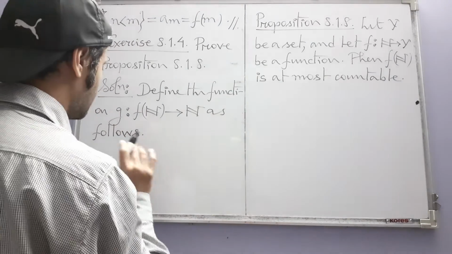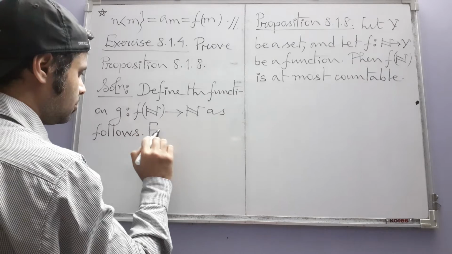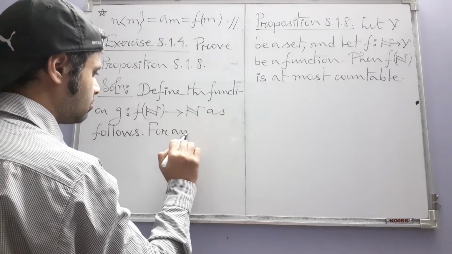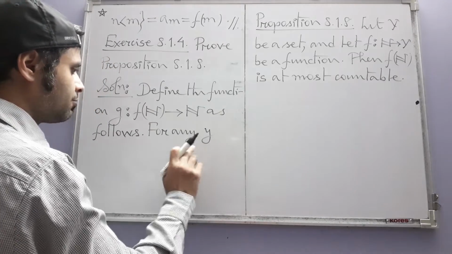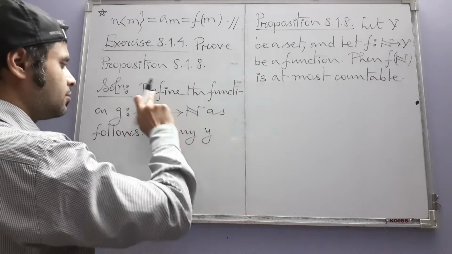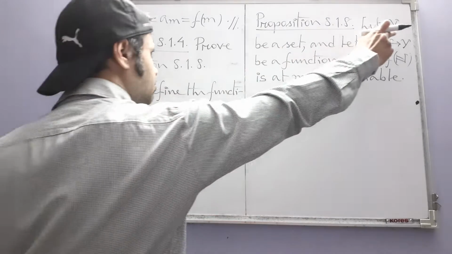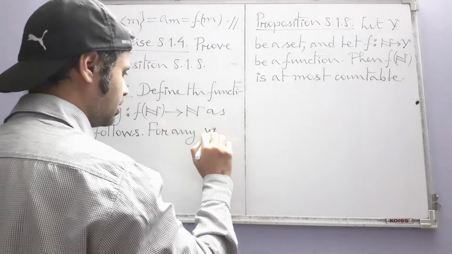And the definition is like this. For any y, in fact, to emphasize the fact that we are after all considering elements of y, so I am taking here y.